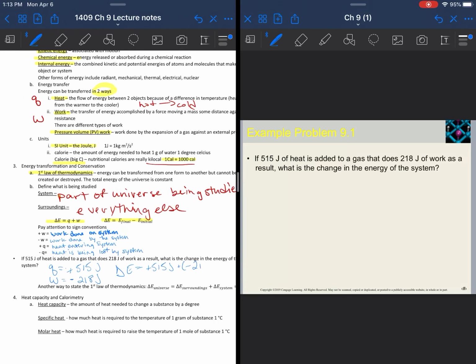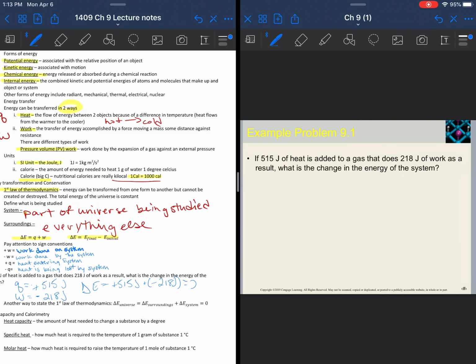Well, delta E equals Q plus W. So it equals a positive 515 joules plus a negative 218 joules. All right, so 515 minus 218 is 297 joules.